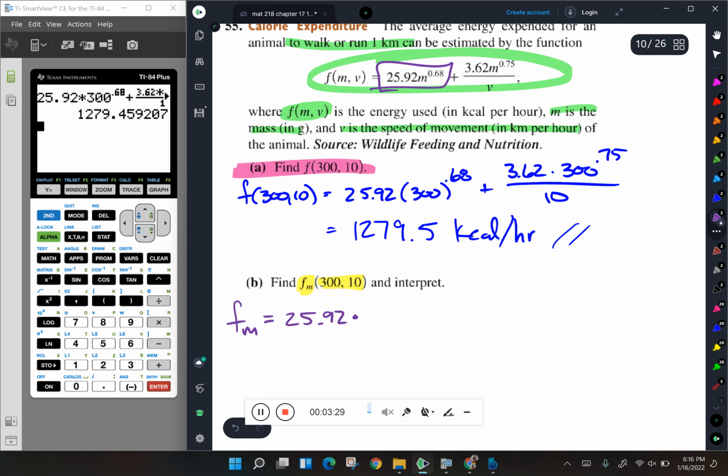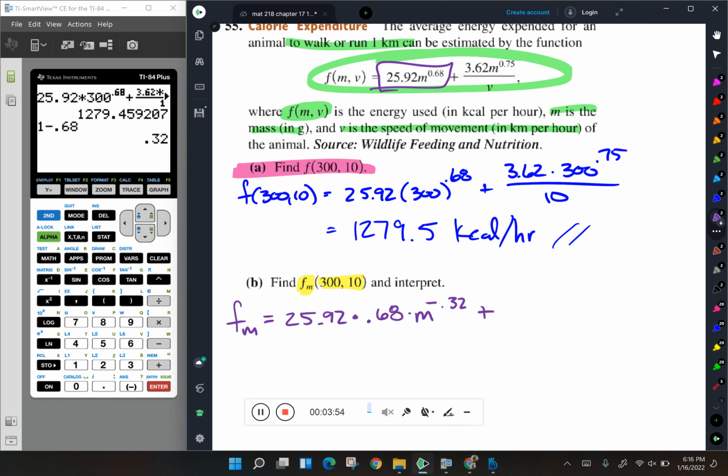25.92 times 0.68 times m to the negative, let's see, 1 minus 0.68, negative 0.32. I'm sorry, 0.68 minus 1, so negative 0.32. Did that backwards. Plus, okay, here's where things are going to get tricky.